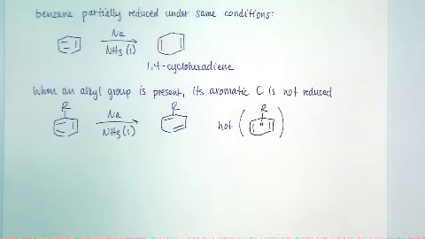So the rules are: the ring, yes. Planar, yes, you can assume that all of these are planar. Have a conjugated pi system? Yes, it does. These two double bonds are conjugated to each other, and because this nitrogen up here has a lone pair that can participate in resonance, it is conjugated.